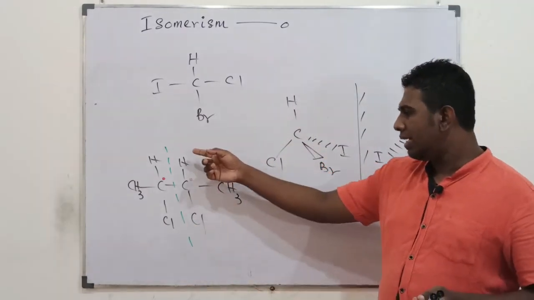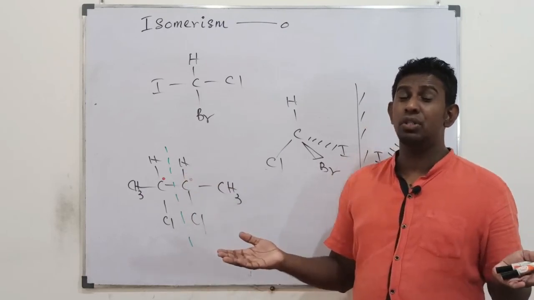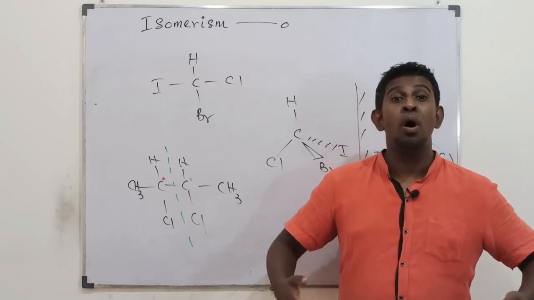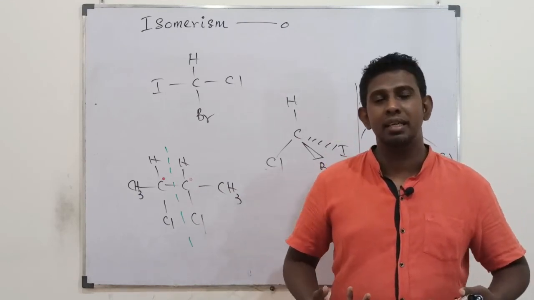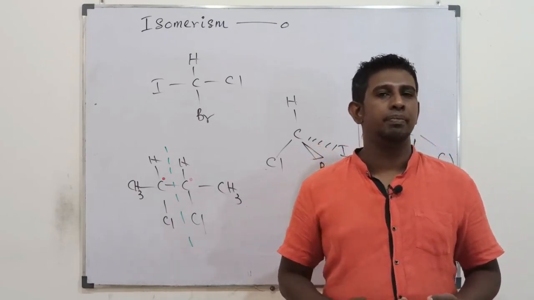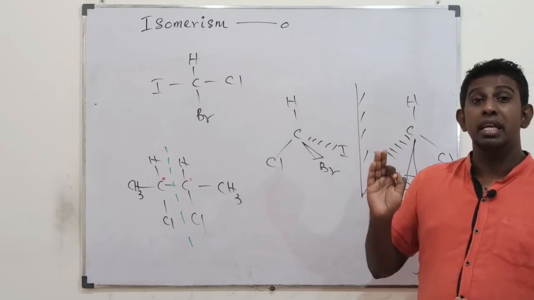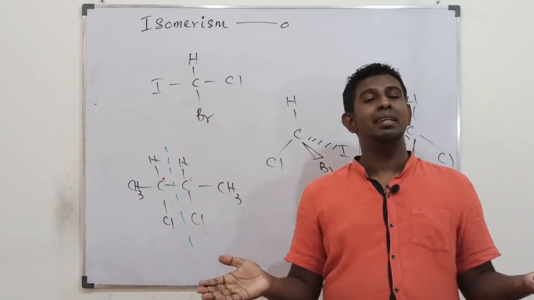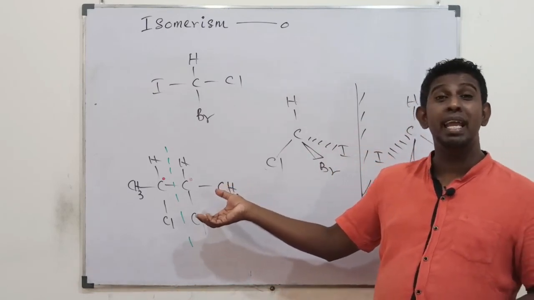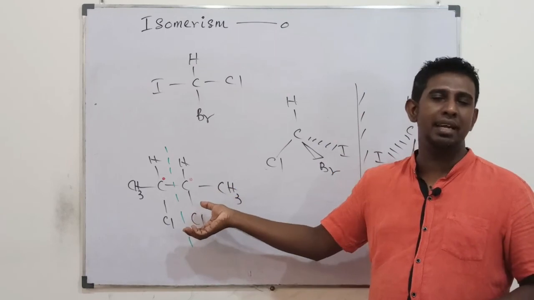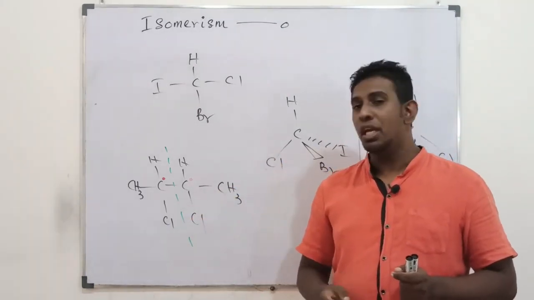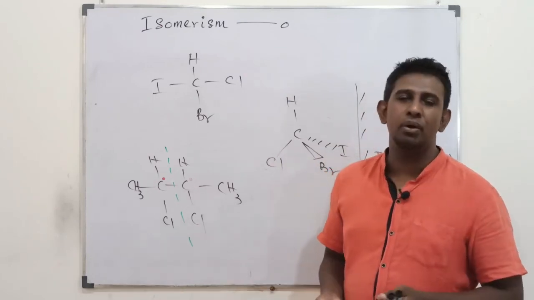But here, when your structure is symmetric about an axis, the whole ability of having enantiomers is lost. Therefore, there won't be any enantiomers for such molecules. Such compounds are referred to as meso compounds.